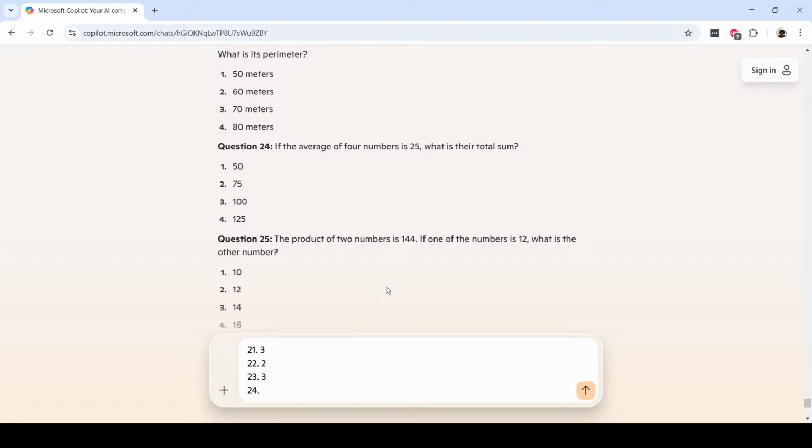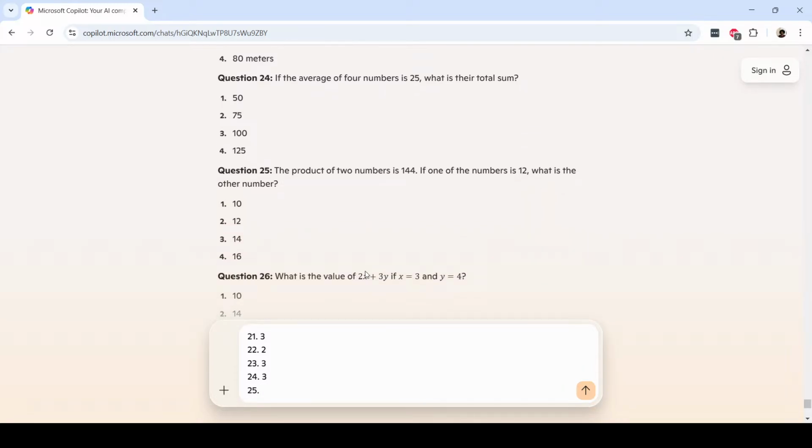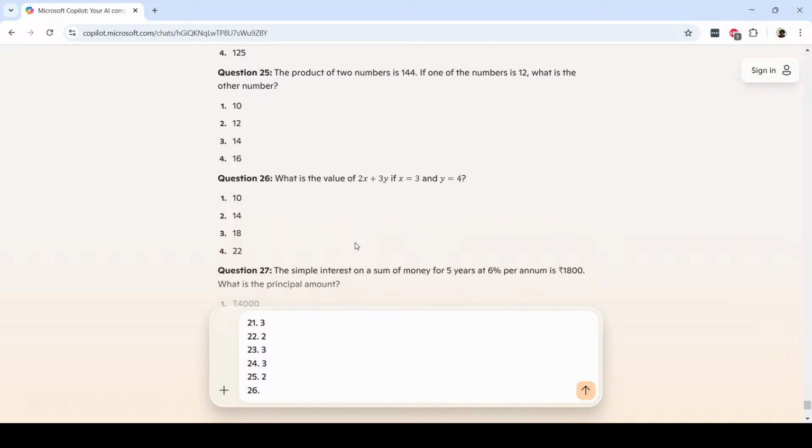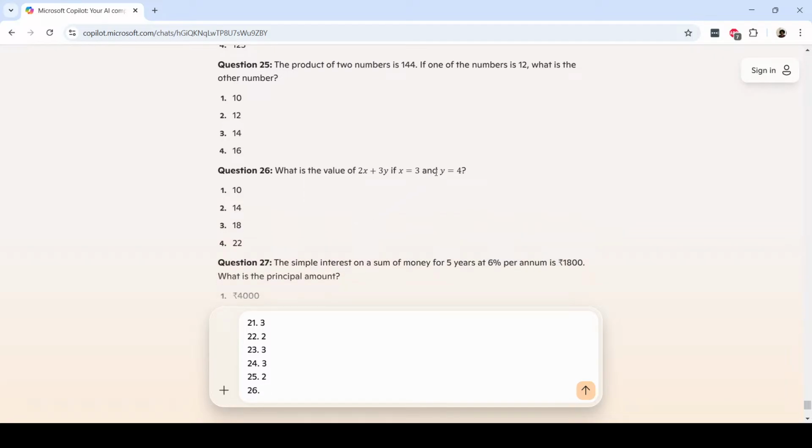Four numbers, 100. The product of two numbers is this. If one of the numbers is 12, the other number is also 12. What is the value of this if x is 3 and y is 4? If x is 3, then it's 6, and y is 4, then it's 12, so 18.